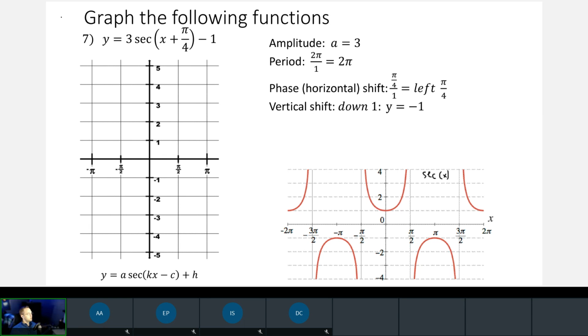By the way, this is pi over 2, and this is pi. So pi over 4 would be halfway between 0 and pi over 2. So yeah, hopefully that helps.